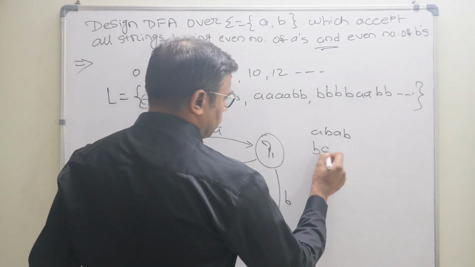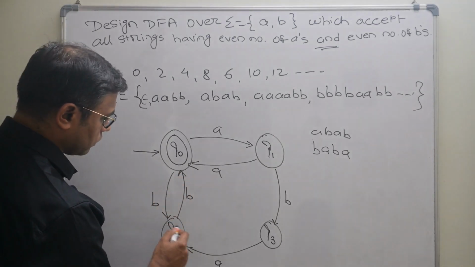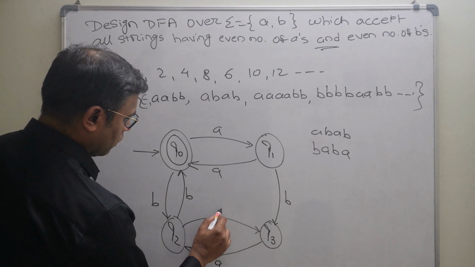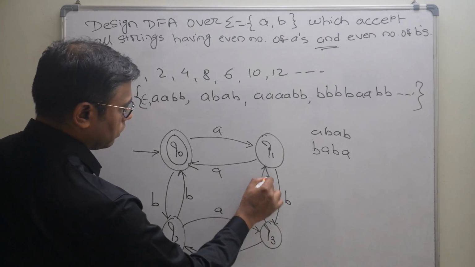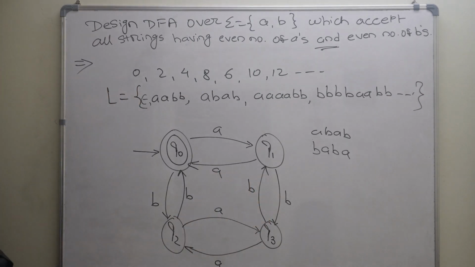Now if the string is ba, we have to follow this path b, then there is a, so I will write here a, then there is b, and then a, so I will write here b a. So if we take any string now, it will accept.